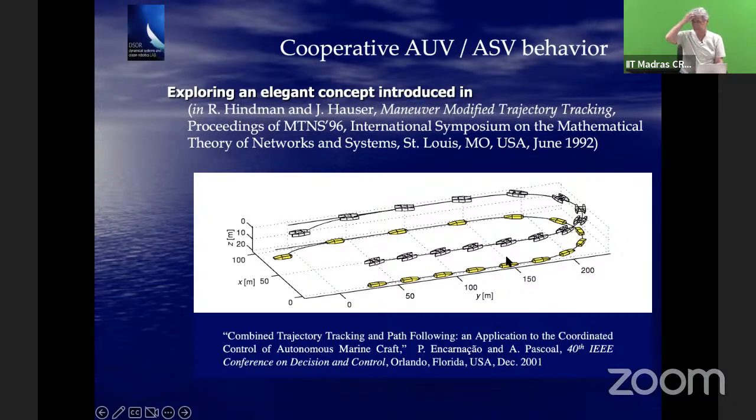But the solution was very, very complicated. We essentially didn't know what we were doing at this time. And essentially it required one of the vehicles to know a lot about the state of the other vehicle or vehicles.